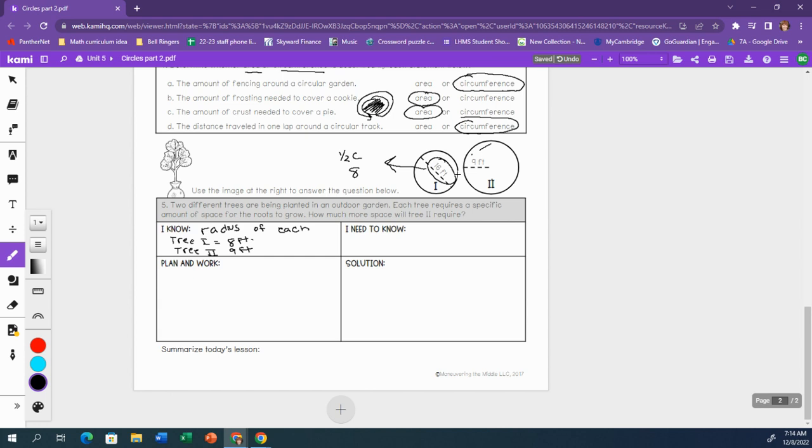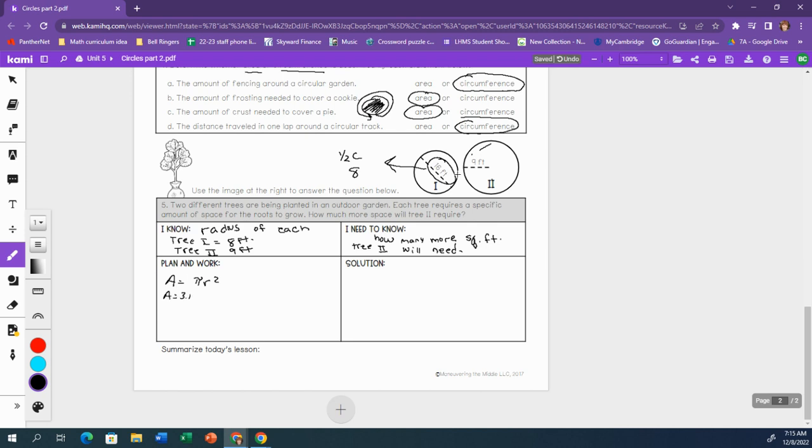Okay? I need to know how many more square feet tree 2 will need. Okay, so what we're going to do is we're going to find the area of each. So area equals pi r squared. Let's do the first one.